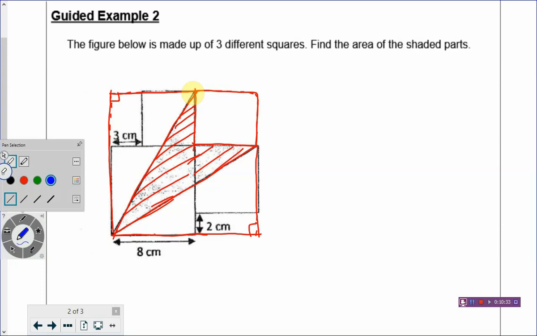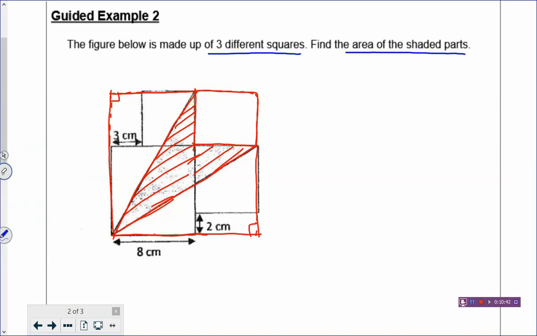Now, we are going to read the question first. The figure is made of 3 different squares, and find the area of the shaded parts. Now, if this is 8, then this is also 8, because it's a square. If this is 8, and this is 3, then this side must be 5 cm.